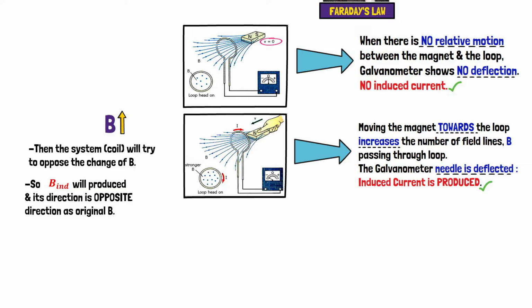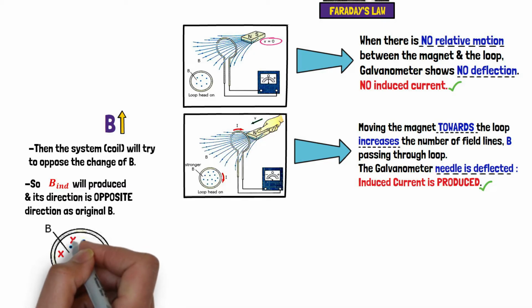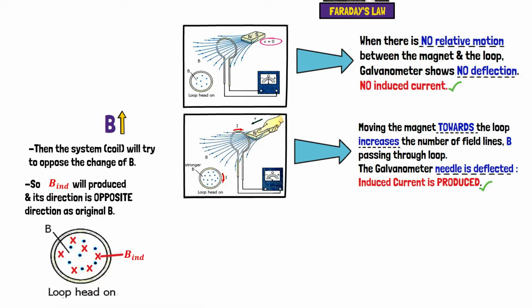So, sebelum ni kita nampak direction of the original magnetic field B is out of the page, but this time, when B is increasing, automatically the induced magnetic field will be produced in the opposite direction, which is into the page as shown in this figure. So, kita boleh tandakanlah dekat sini yang warna merah yang saya pangkah ini menandakan direction of the induced magnetic field is into the page.